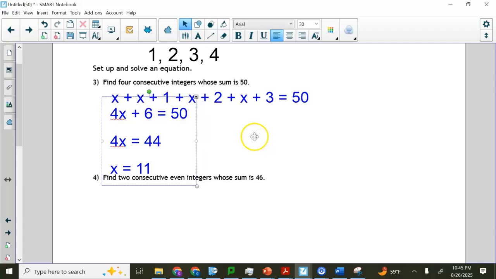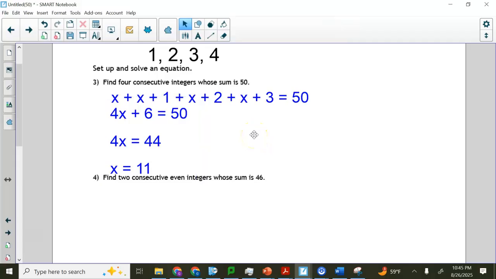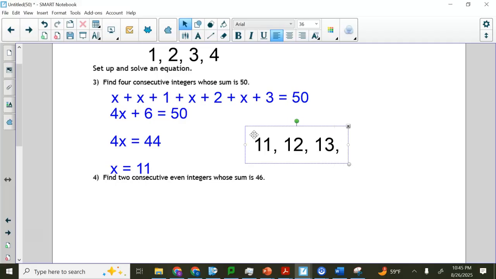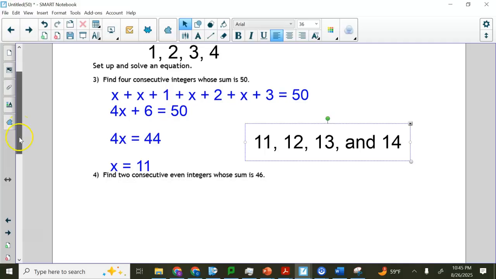So 11 was what your x was, but what are the consecutive integers? They would be 11, 12, 13, and 14. Okay, you can double check, do those 4 numbers in fact add up to be 50? Yep, they do.